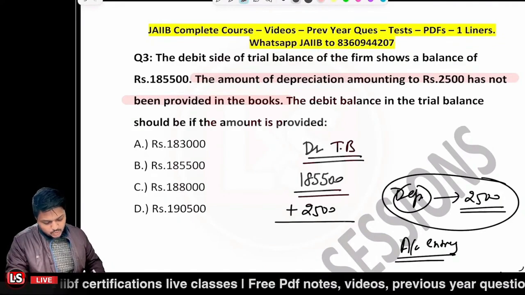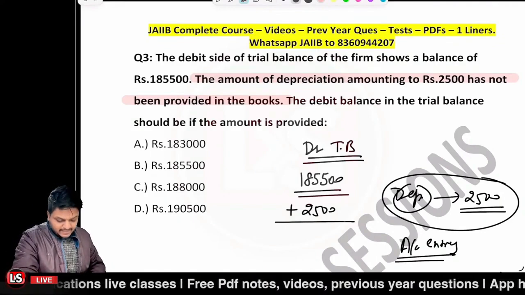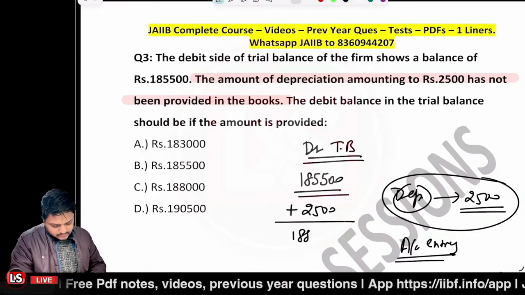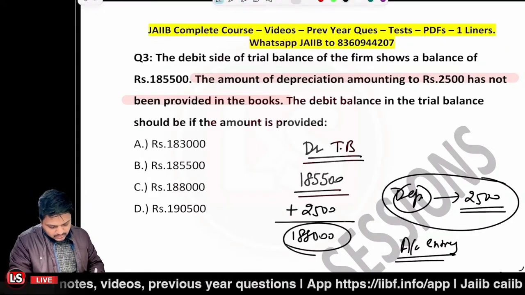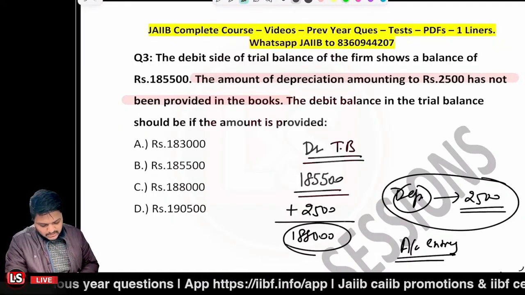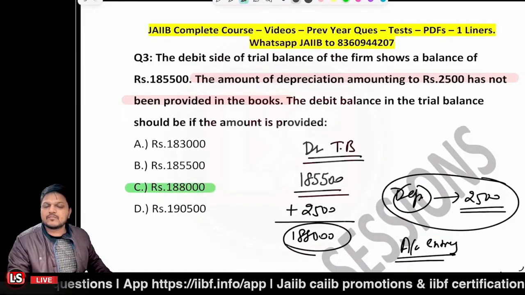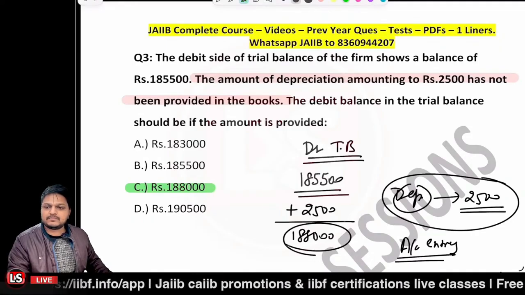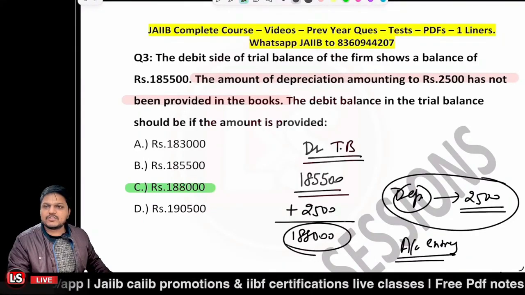All right. When we add it up, it will be 1,88,000. So the answer will be option C. Option C would be the correct answer. Clear so far?